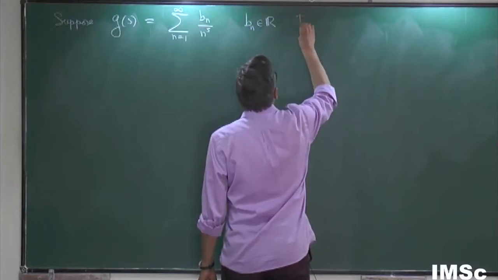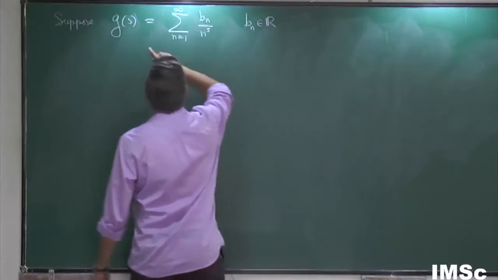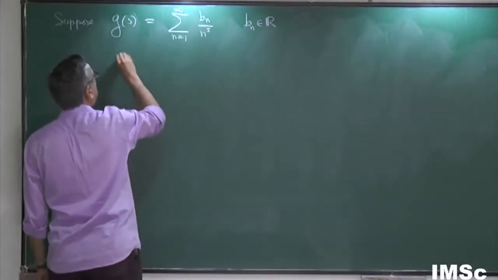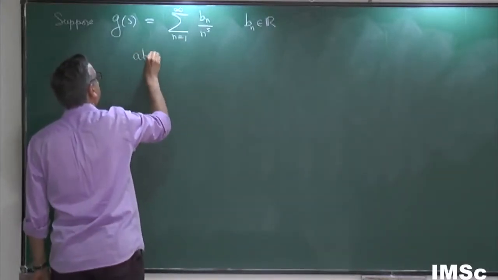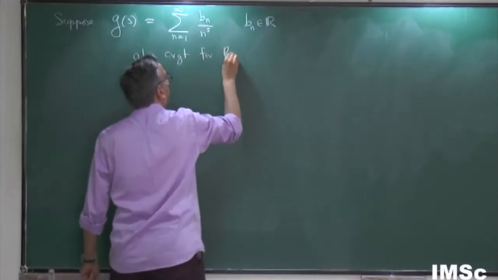Suppose that G of s is a Dirichlet series absolutely convergent for real part of s bigger than 1.